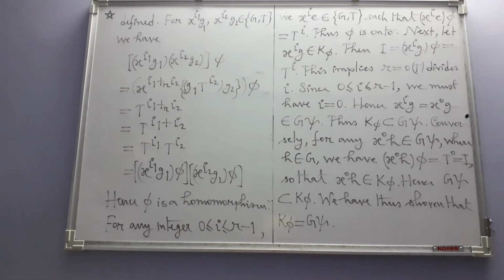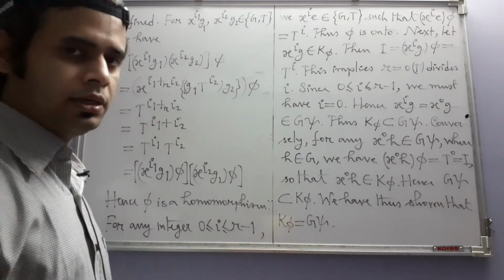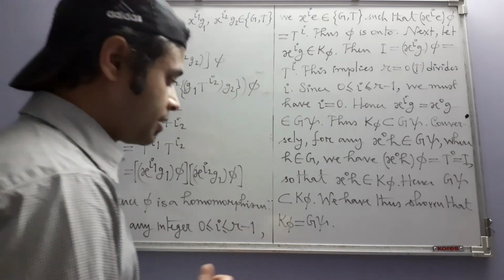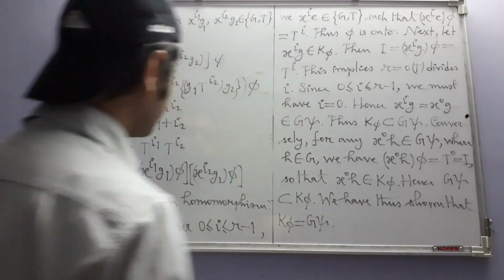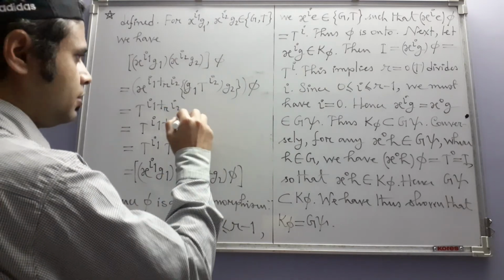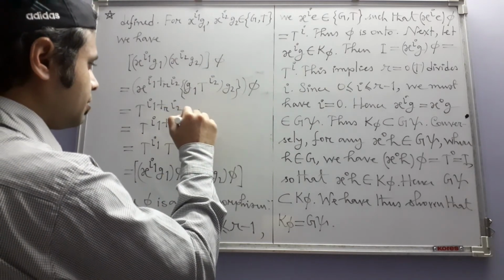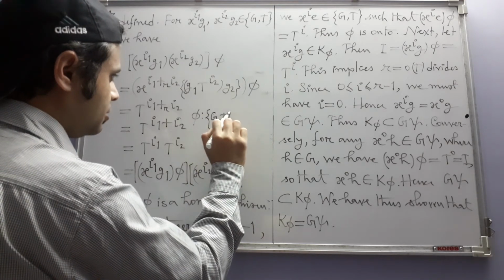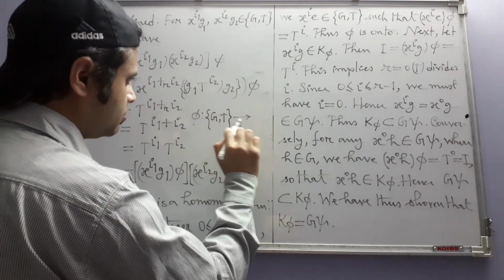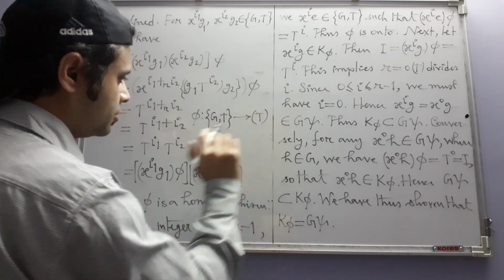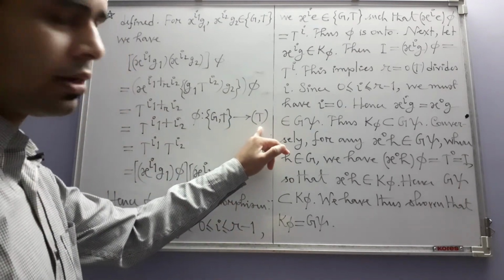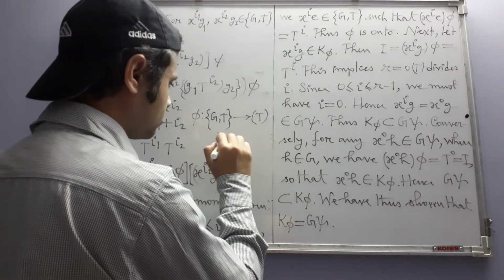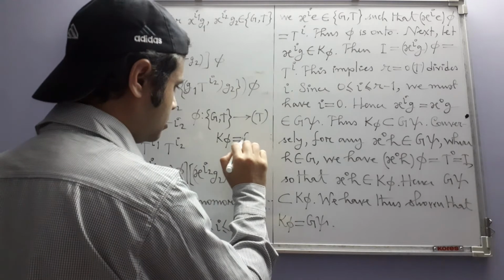Okay, now we have all the pieces that we need in order to make our next conclusion. So what are the things we have? Our map phi has domain, which is our constructed group, and range, which is this cyclic subgroup, and the kernel is this.